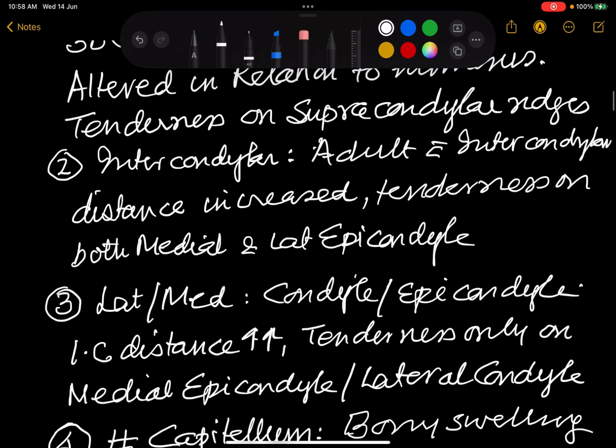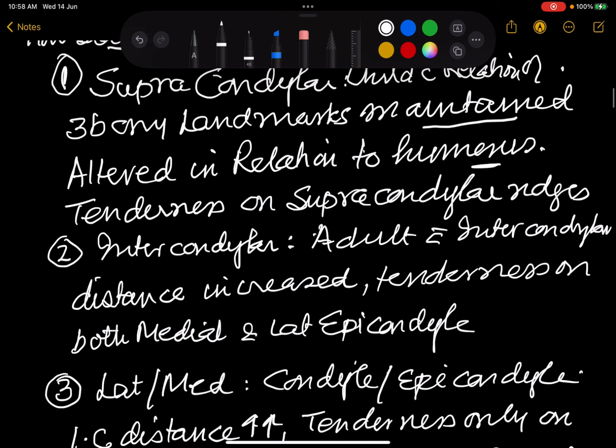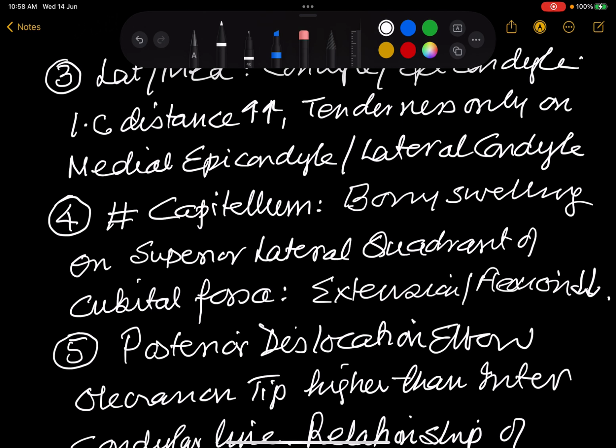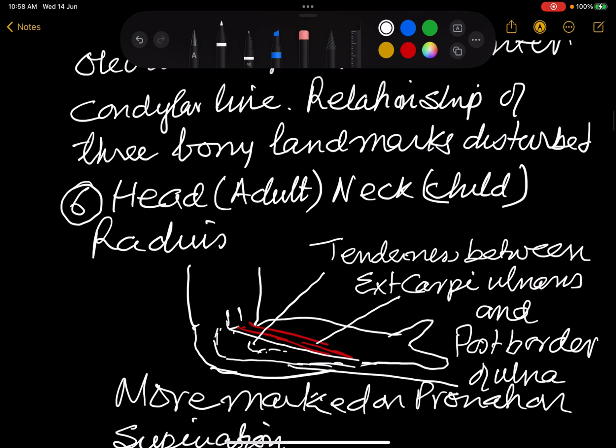So these are the summary of what I have just said. Relationship of the three bony landmarks maintained, altered in relation to the humerus. Tenderness in the supracondylar ridge. So you must be able to say, using these, why you are saying that it is that particular fracture clinically.